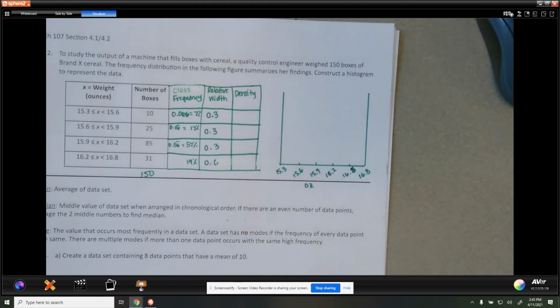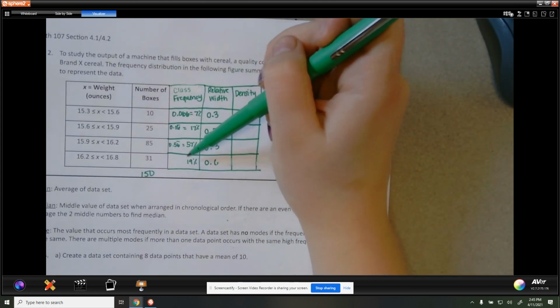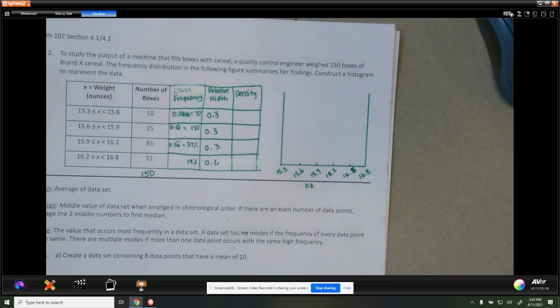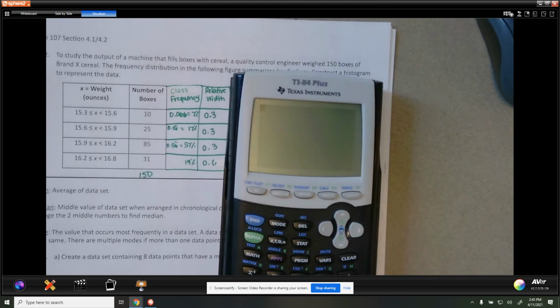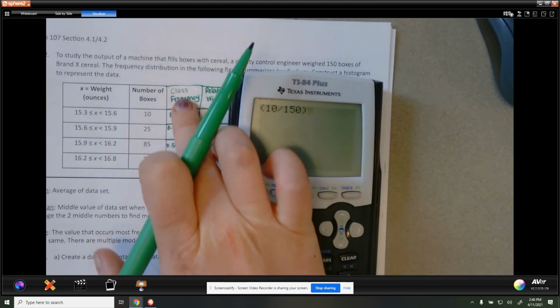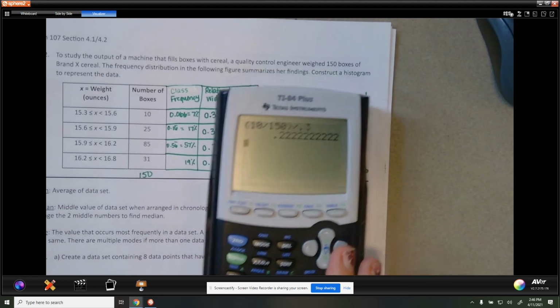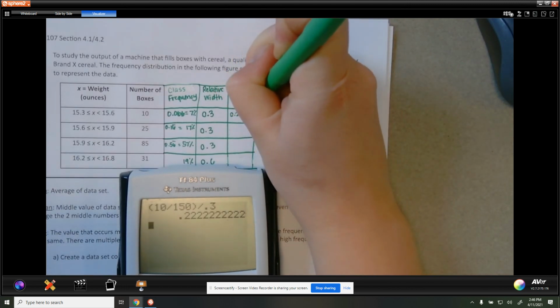All right, so then our density, final part, is we take this class frequency divided by the relative width. So here I go. I'm going to do this in front of you, and I'm going to do exact values. So we had 10 divided by 150 for the class frequency, and then I'm going to divide by 0.3. Okay, so this density is 0.22 repeating.